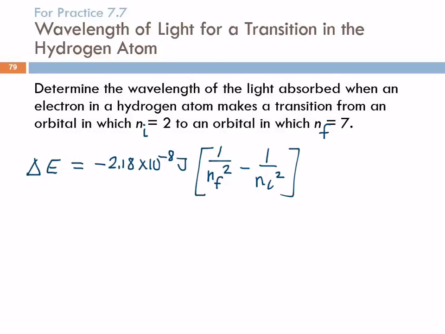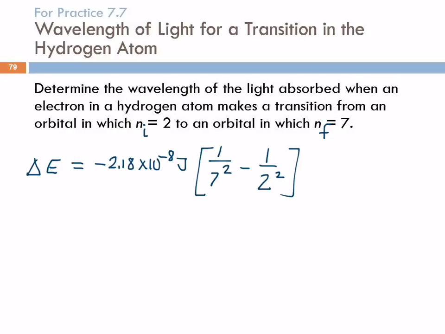That allows us to calculate the energy of the light. So let's do that. I'm getting tired. So nf is 7, 7 squared. And ni is 2. My voice is getting tired too.